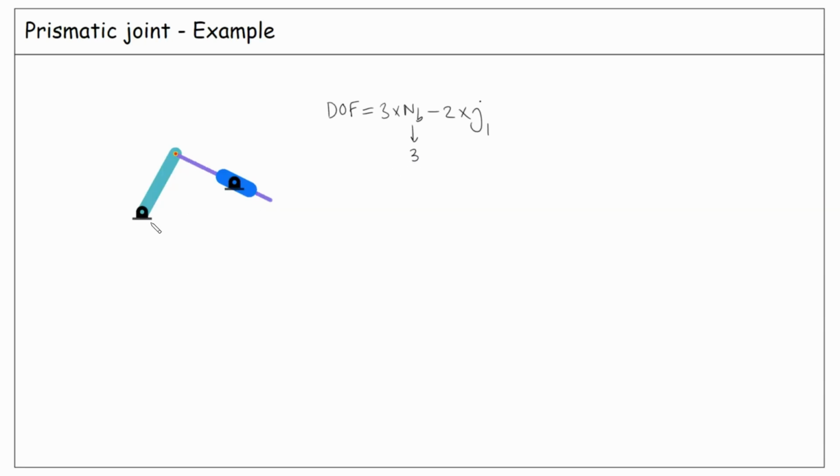And 3 revolute joints between this link and the ground, between this slider and the ground, and between the 2 links here. And finally, a prismatic joint between the blue slider and the rigid bar. So J1 is 3 plus 1, 4. Substituting in the formulation, 3 times 3 minus 2 times 4, 9 minus 8. The degrees of freedom is 1.